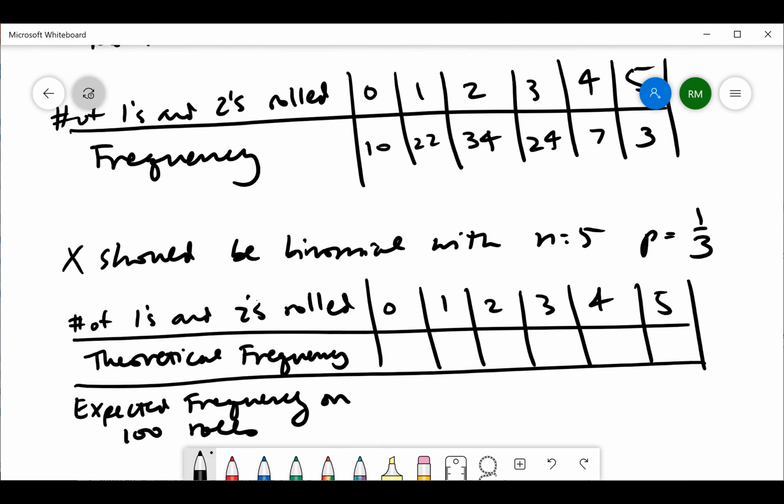Let's see, this would be 0.132, 0.329, 0.329, 0.165, 0.041, and 0.004.